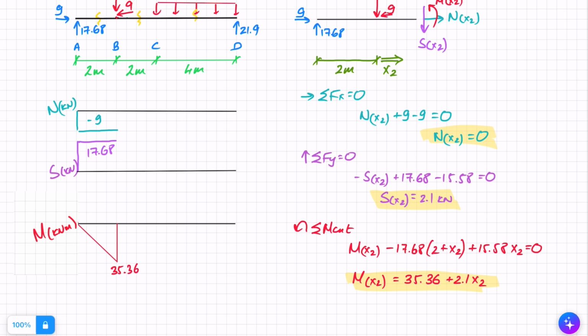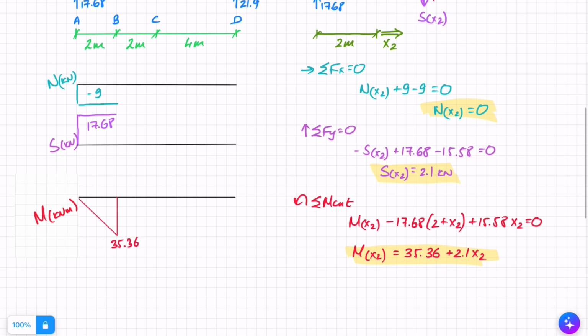And just like always, I'm going to figure out what are some important points that I want to find my moment. So what happens when x2 equals 0? And what happens when x2 equals 2? So those two extremes of this cut.